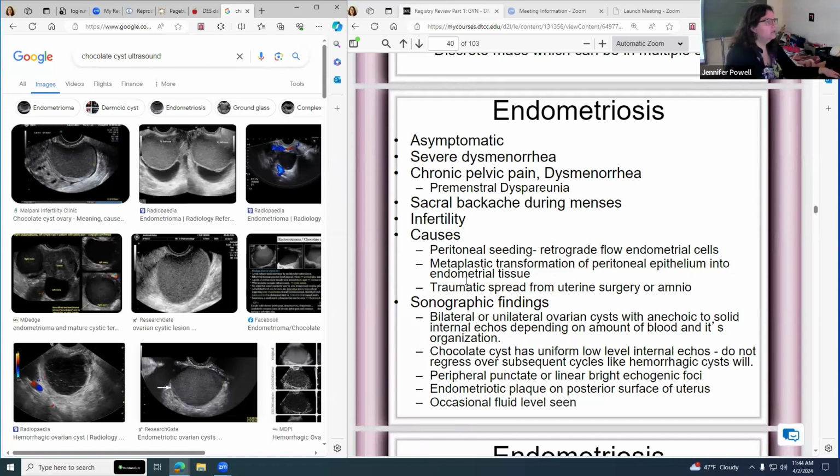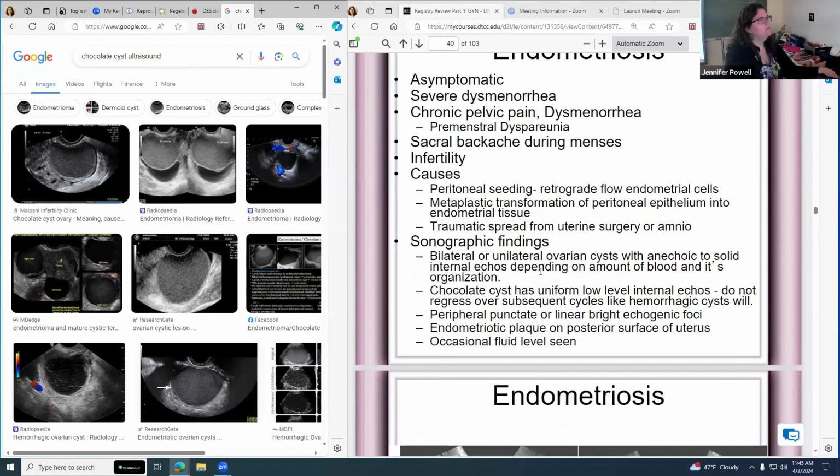Causes are peritoneal seeding, so retrograde flow of endometrial cells, which then proliferate and spread. Metaplastic transformation of peritoneal epithelium into endometrial tissue. Traumatic spread from surgeries or amniocentesis.